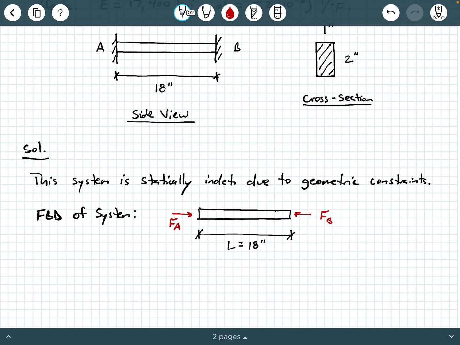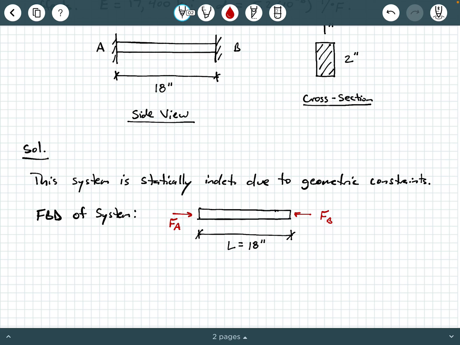And when it wants to expand, it's going to push against the fixed connections at A and B. And as a response to that, we're going to develop axial reactions, FA and FB, that push back and cause a compressive force at both A and B, okay? So again, the material expands and wants to push outwards, and then in response to that, the reactions are going to push back, causing a compressive effect.